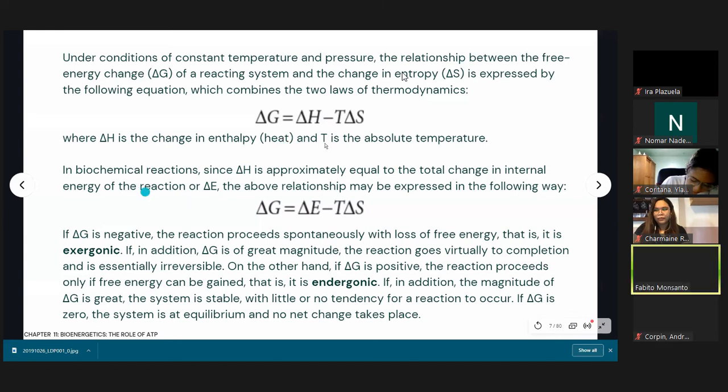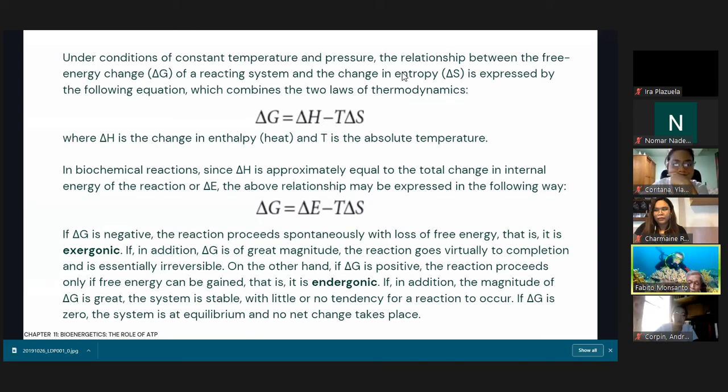So we change delta H to delta E because that is approximately equal. Change in heat is equal to the total change in internal energy, or delta E, minus absolute temperature times change in entropy. Okay?